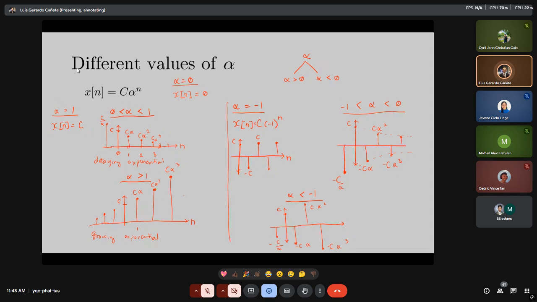I guess the similarities between the continuous time and the discrete time are much easier to see in the case where alpha is greater than 0. So you have that large similarity.